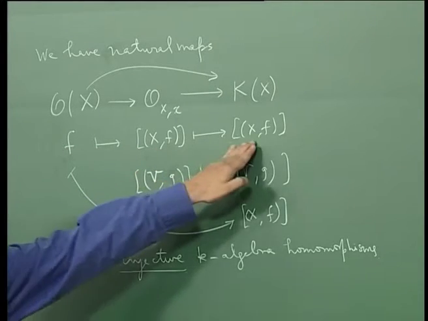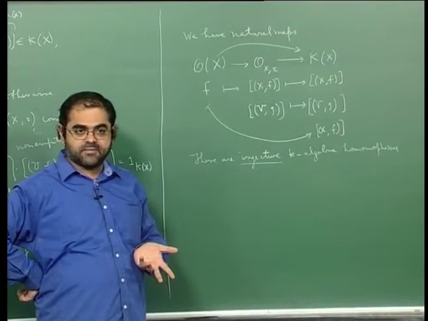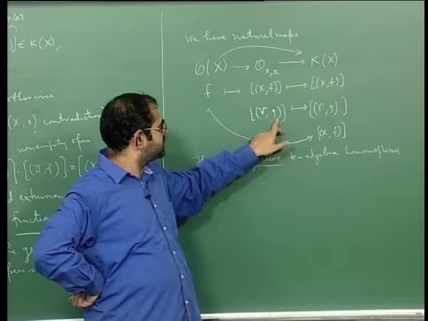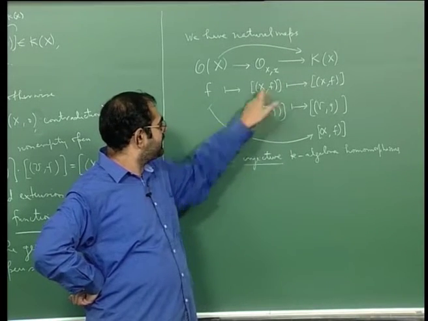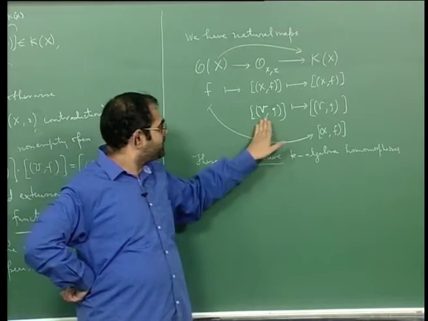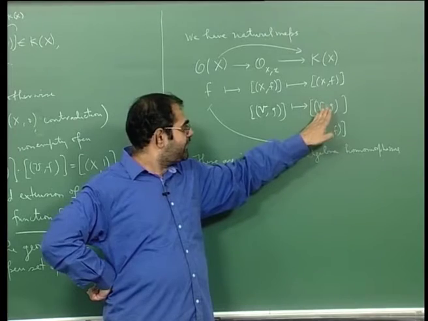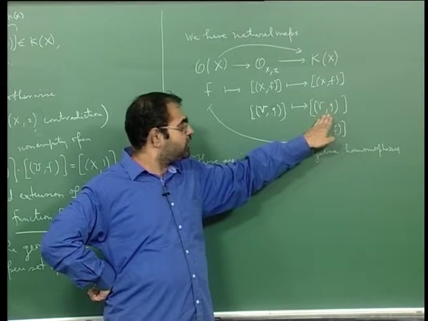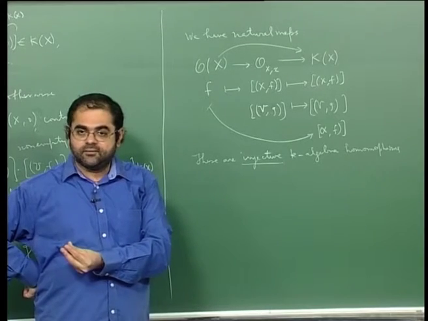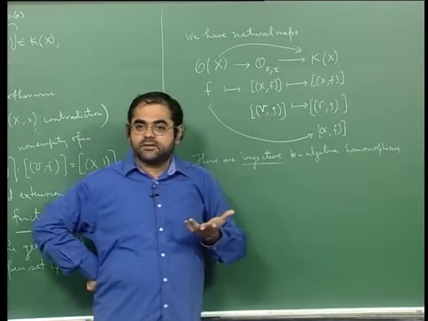And why is this injective? That's literally the same argument. If you take (V, g), the germ of a function g which is regular in this open neighborhood V about the point small x, if it goes to 0 here, it means that it is equal to 0 on some non-empty open subset of V. But in any case that will force it to be 0 everywhere.